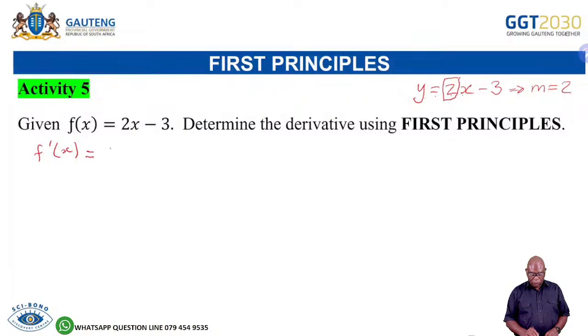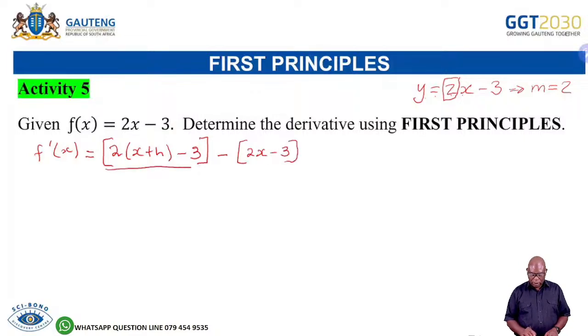Now I'm going to quickly substitute 2, that will be x plus h, minus 3. Don't forget the 3. Always, most of the time, with the learners, when they finish substituting by the x plus h, they forget the constant there. So it's minus f of x, it's 2x minus 3.